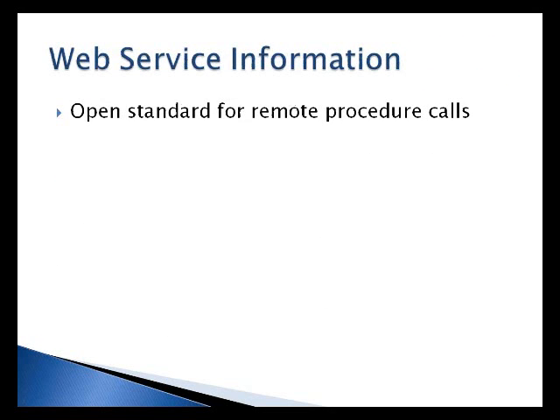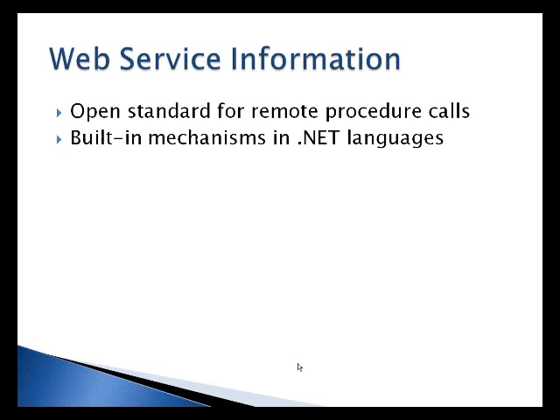Since some of you are using the automation client, you may not understand the term web service and web method. So let's just take a quick step back. A web service is an open standard for remote procedure calls. There are built-in mechanisms in .NET programming languages for referencing and calling web services.